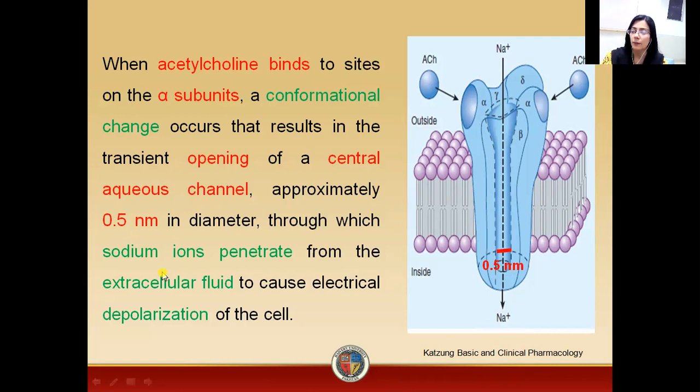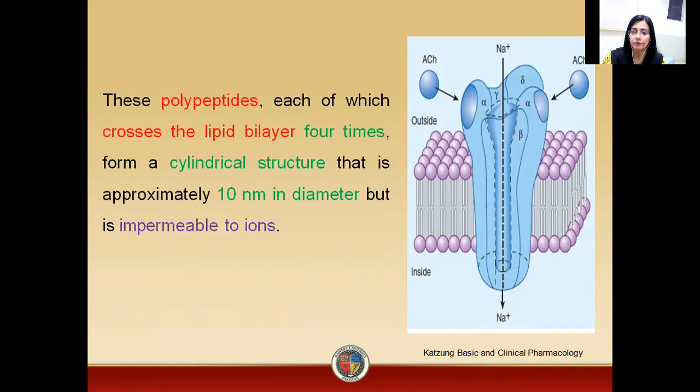the cell. In the previous figure, it is represented that these polypeptides actually cross the lipid bilayer 4 times. So as a result of passing this lipid bilayer 4 times by each polypeptide, there is formation of a cylindrical structure.